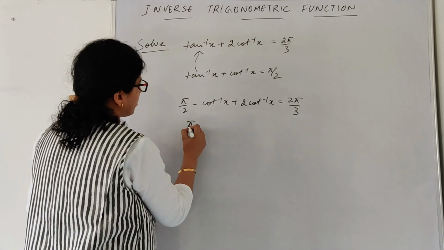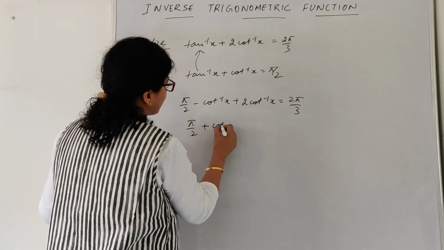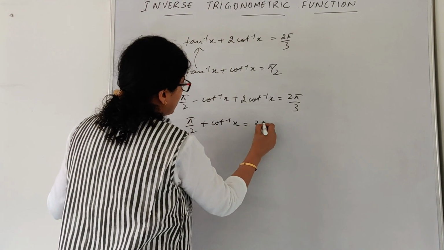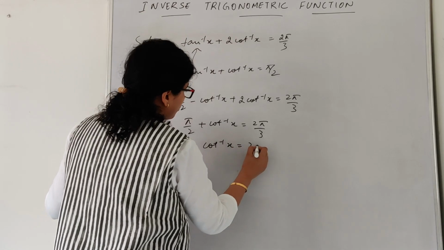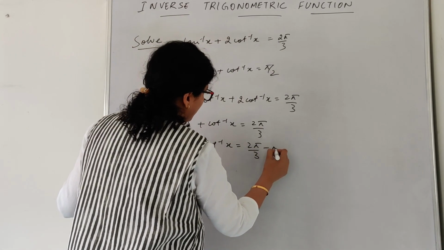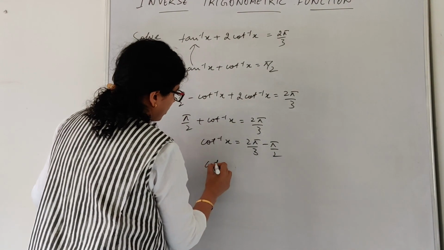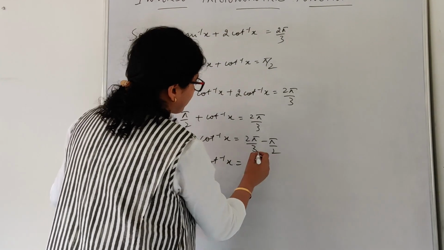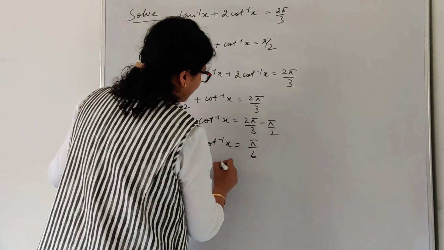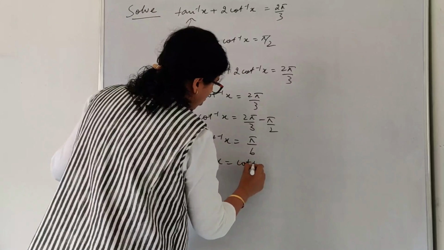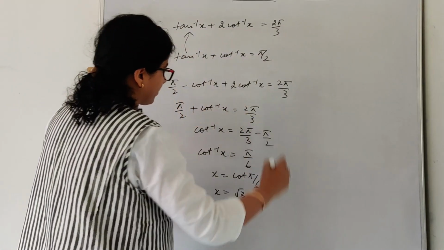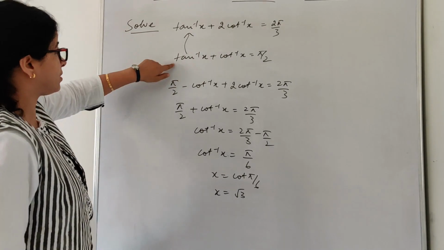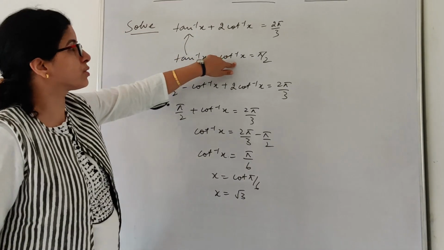So pi by 2 plus cot inverse x equals 2 pi by 3. So cot inverse x is equal to 2 pi by 3 minus pi by 2. Cot inverse x is equal to pi by 6. x is equal to cot pi by 6. So x is equal to root 3. Is that clear? Most of the time we are using this property.